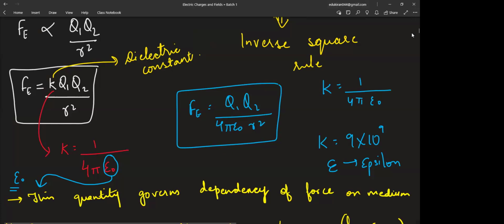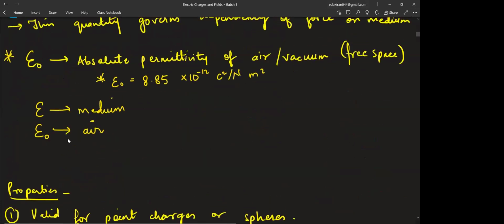So how to convert, if you just have epsilon present? See, we know the formula through epsilon naught. But if you have epsilon, there's a relation: K epsilon naught is equal to epsilon.